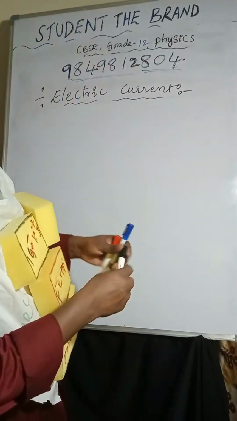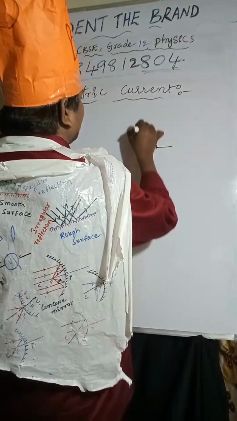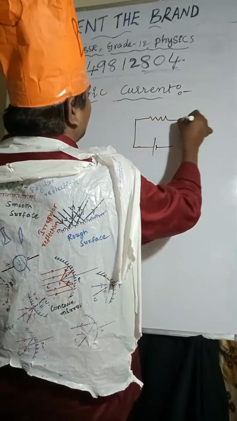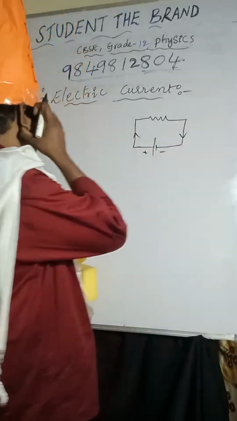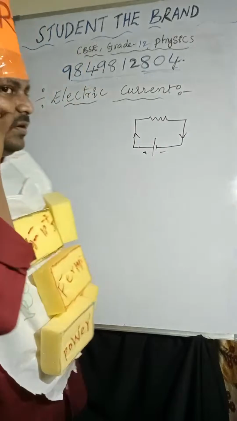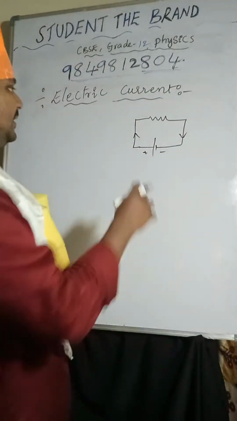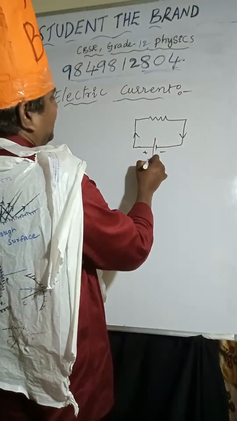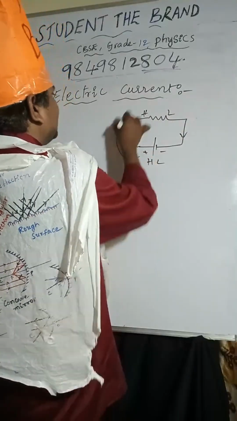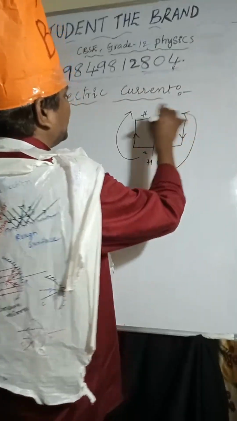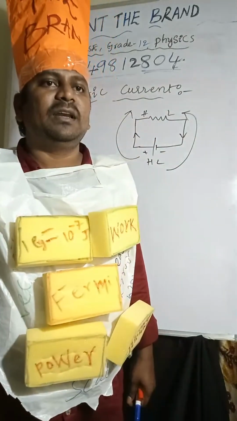Here you can observe, I am connecting a cell to the resistor, with positive and negative terminals, and current is flowing. High potential, low potential. Positive charge will move from high potential to low potential, whereas electrons will move from low potential to high potential.